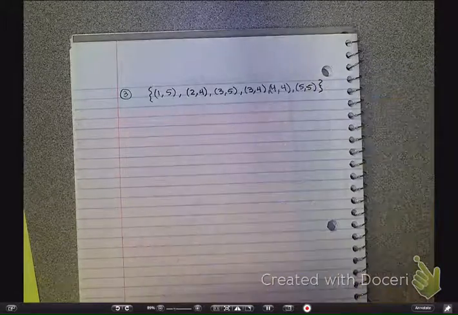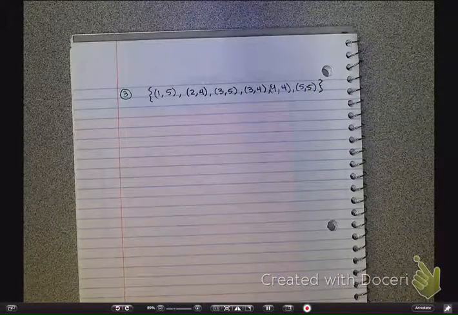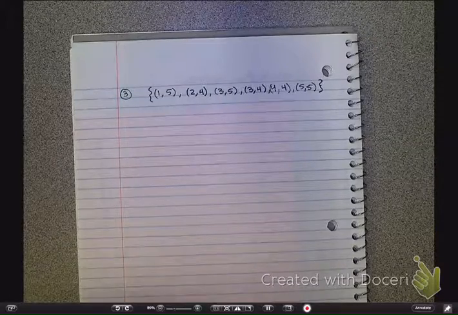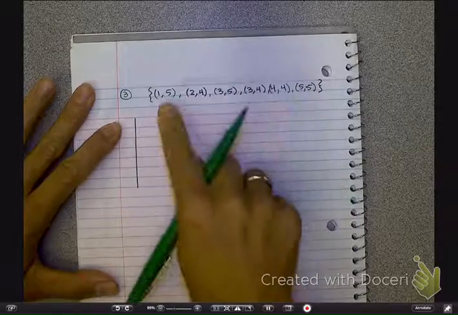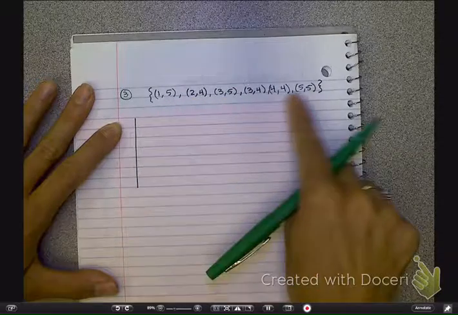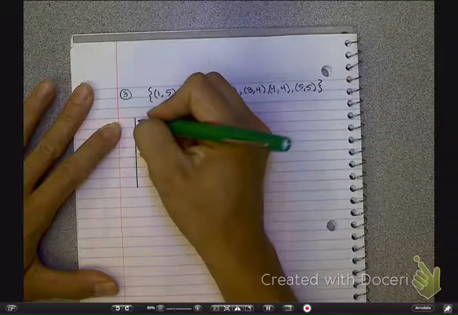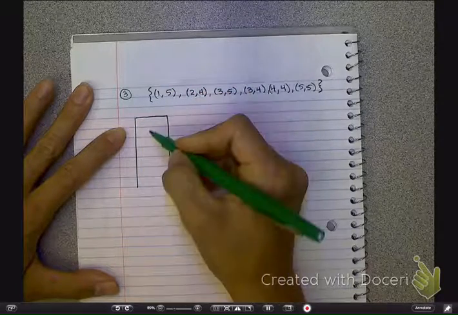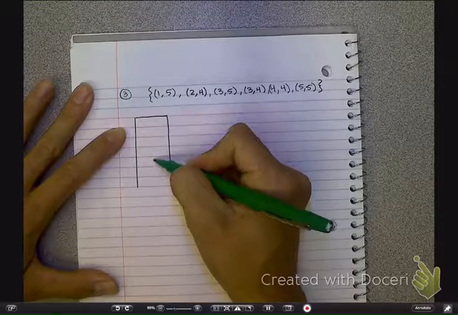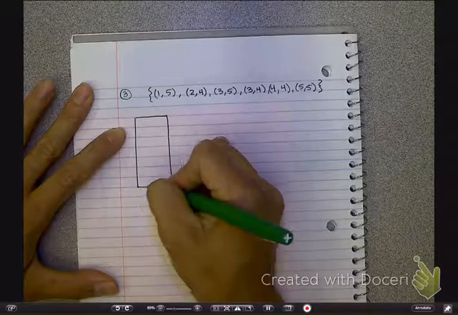Okay, so let's go ahead and make a table. So my table, I need to have 1, 2, 3, 4, 5, 6 places to put some points, and I also need to have the heading, so I'm going to make it 7 rows.